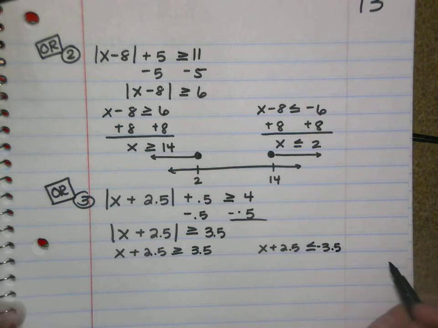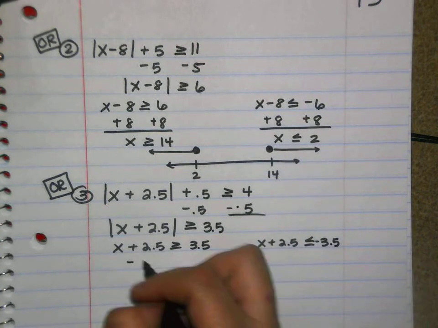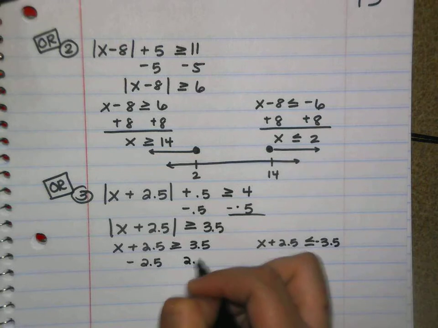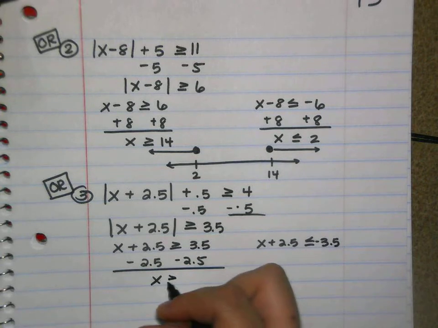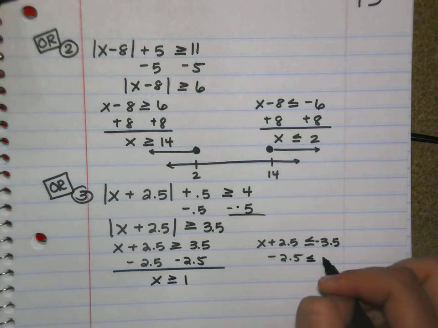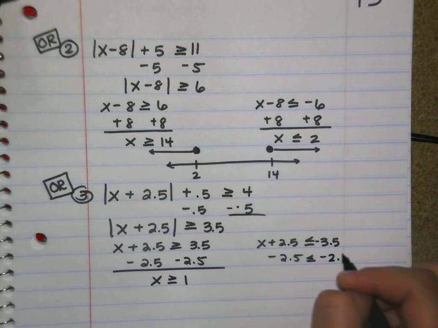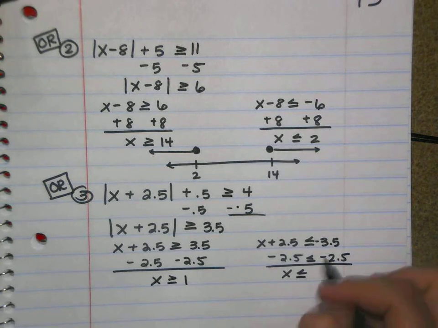So we're subtracting 2.5 from both sides on this one, and we're going to get x is greater than or equal to 1. We're going to subtract 2.5 on this side, and that is going to get us x is less than or equal to negative 6.